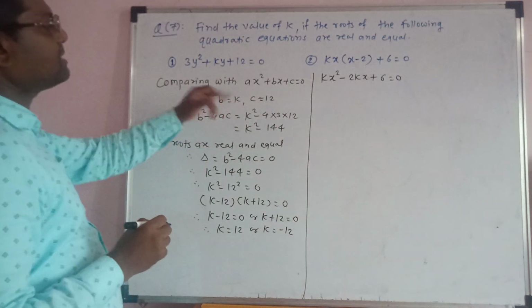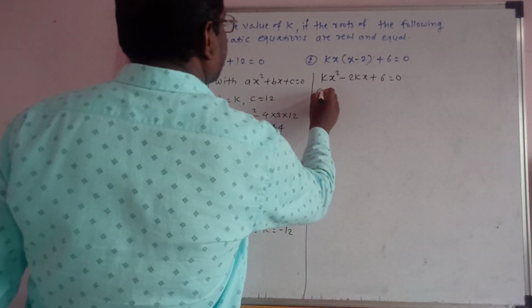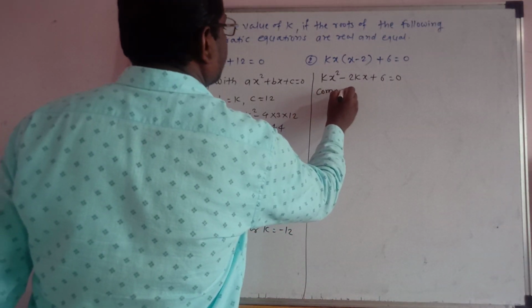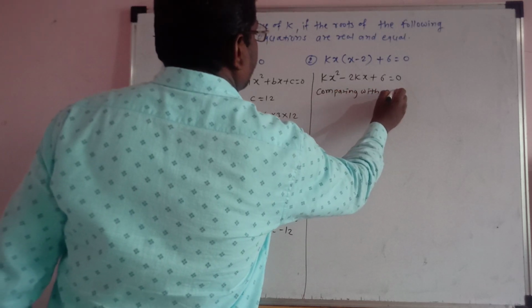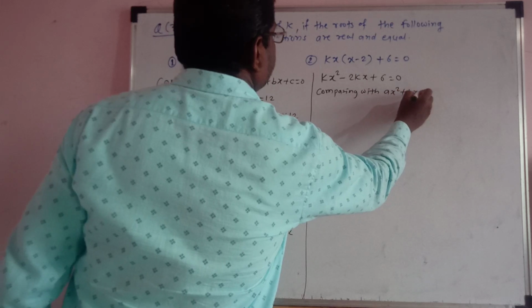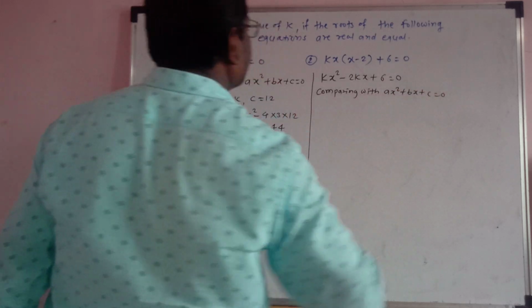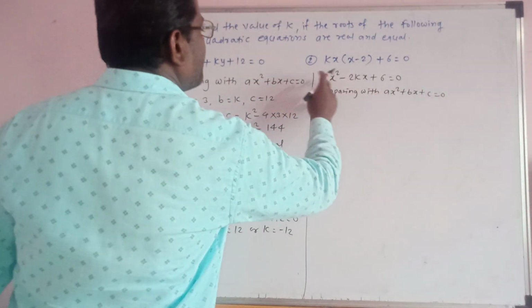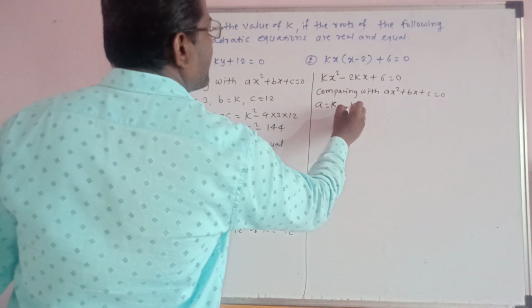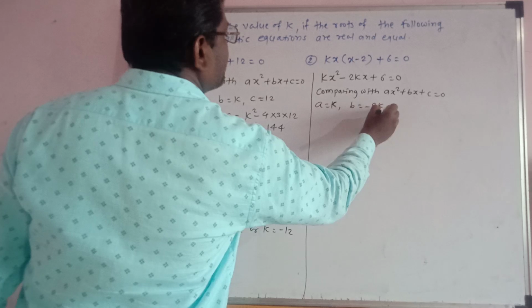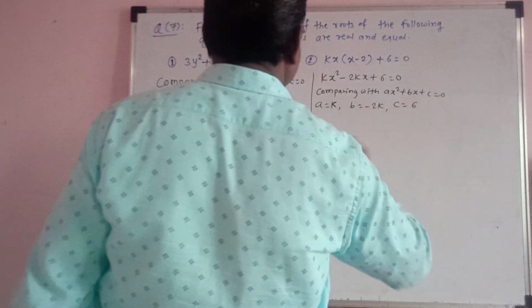Compare this equation with its standard form. Therefore we get comparing with ax square plus bx plus c is equal to 0. From this value of a is equal to k, value of b is minus 2k, and value of c is equal to 6.